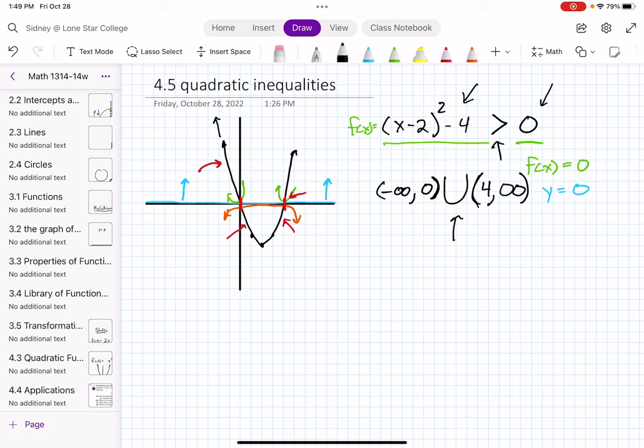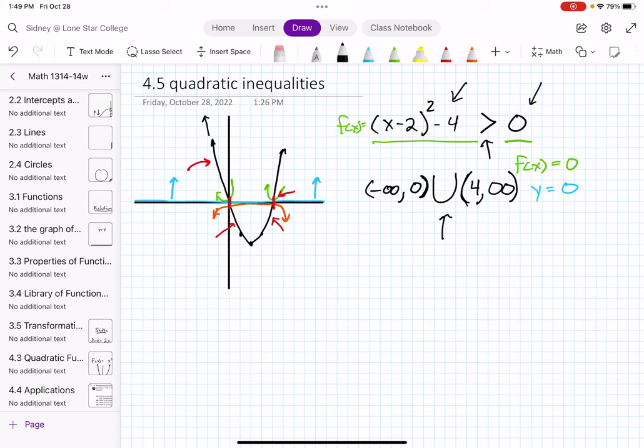We could have said, instead of this parabola is greater than 0, something like this: (x minus 2) squared minus 4 is greater than negative 3. So just like this 0 is the same as the line y equals 0, this is actually the same as the line y equals negative 3.